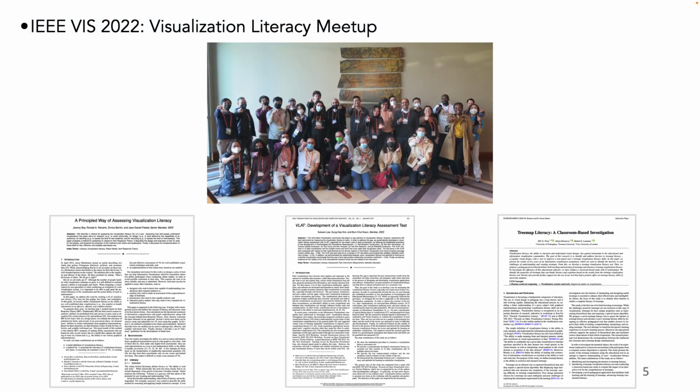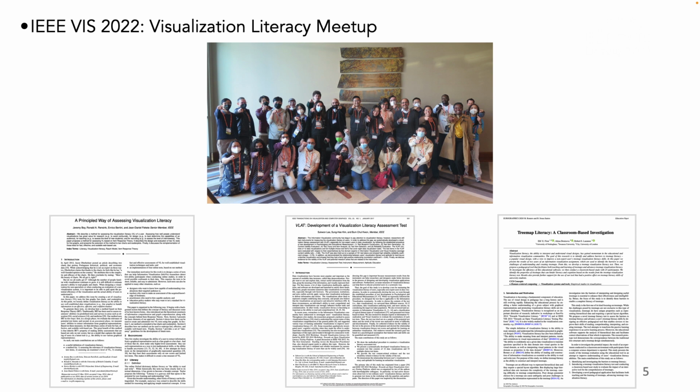Over the past few years, there has been a growing interest in investigating visualization literacy within the InfoVis community. Recently, at a Viz meetup, researchers came together to discuss the creation of more effective tests for measuring visualization literacy.